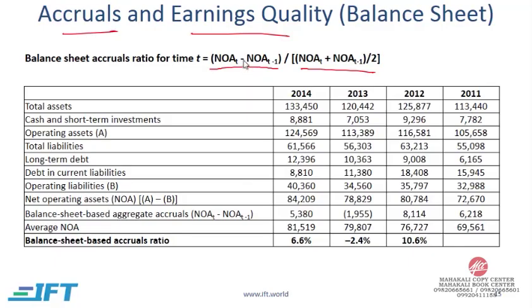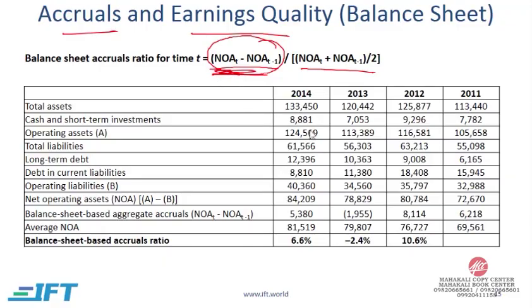So the higher the accruals, the higher the change in your net operating assets. So if this ratio is high, where your accruals are high relative to your average net operating assets, that means a substantial part of the net income is based on accruals, and that would imply that your net income is not very sustainable.